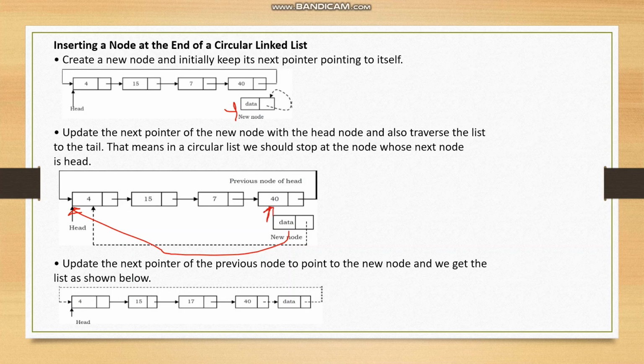And how we will find the end: the last node of the linked list will be pointing to the head, so we can give that condition in the code, when the last node's next is the head, this is the last node, and then that last node will point to the new node here, as we can see.